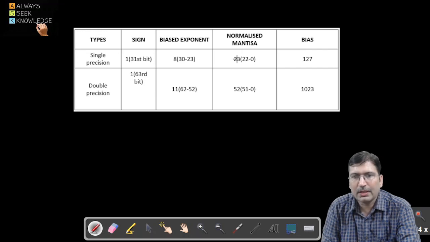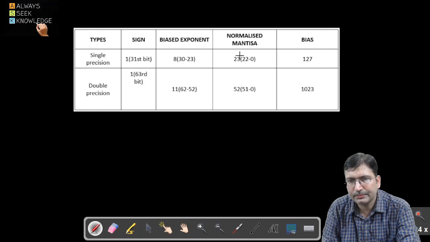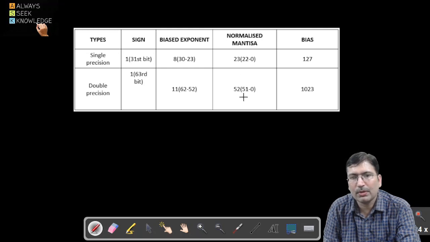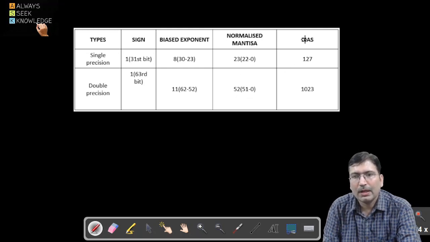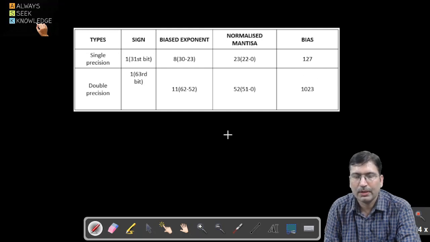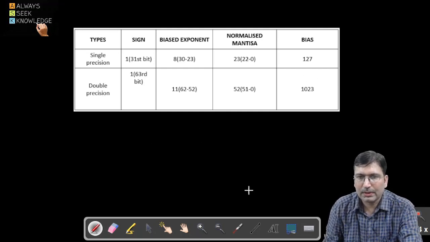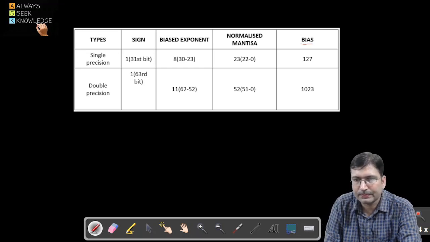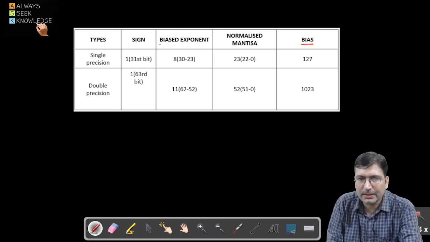In single precision, there are 23 bits to store the normalized mantissa, and in double precision, there are 52 bits to store the normalized mantissa. The bias in single precision is 127, and in double precision it is 1023. So let's take an example in order to understand the meaning of this bias and biased exponent.